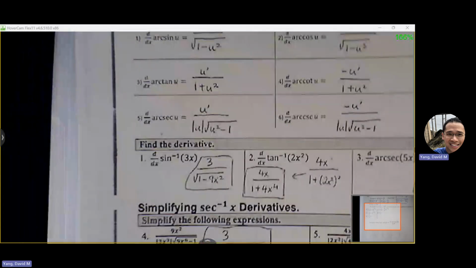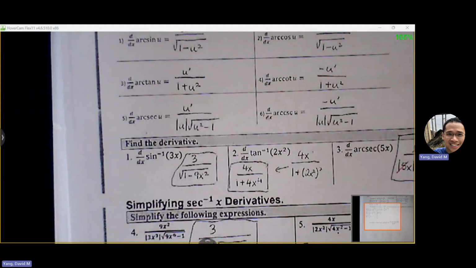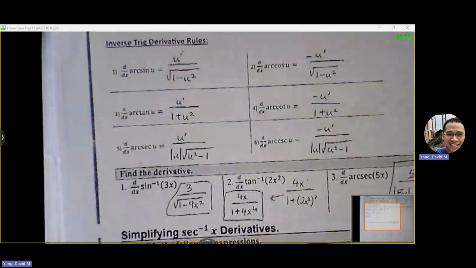Let me show you the fact. Okay, so we've learned, or we've almost learned, all the derivative rules. Tomorrow we're going to go over just the remaining logs and exponential rules. But I just want to show you real quick. If you can turn to page 45.